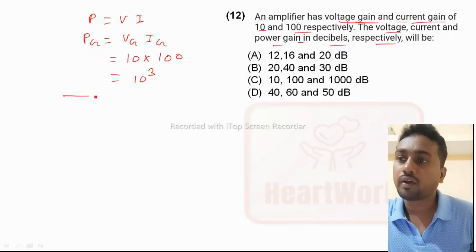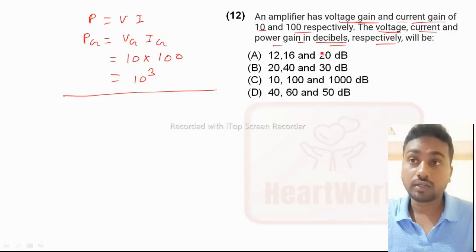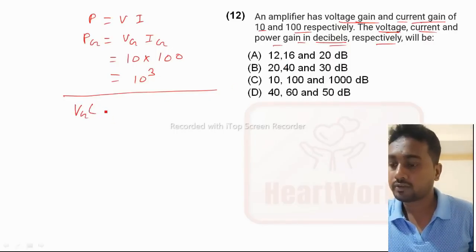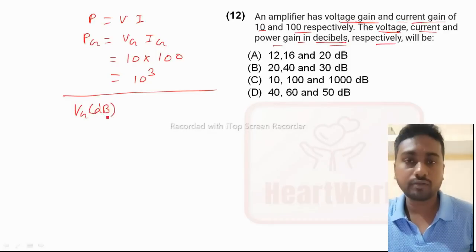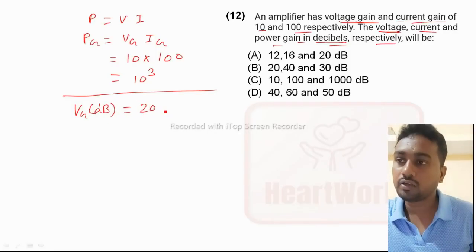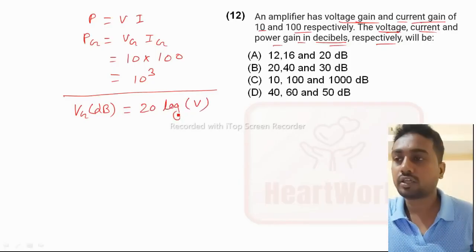Now we have to find the voltage gain and current gain in decibels, so we have to convert these gains to decibels. For voltage gain in dB, we use 20 log V, that is 20 log of the voltage gain.